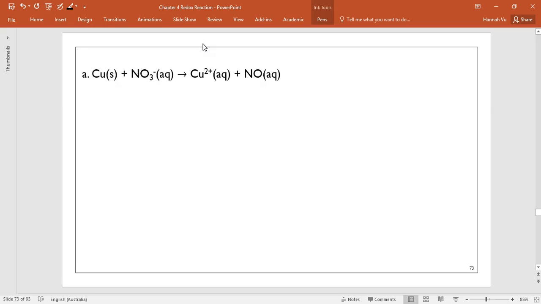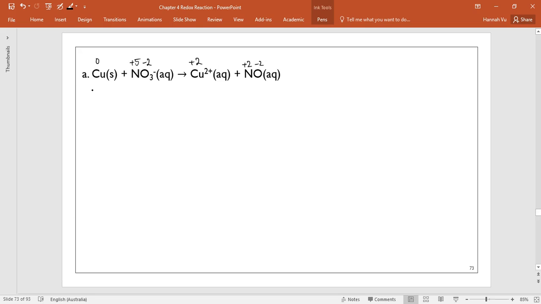So I'm just going to go through part A again. This is identical to question 3A, but I'm just going to do it again from scratch, just in case you haven't done 3A. All right, so we need to have the oxidation numbers. So this is 0, this is -2, +5, this is +2, and -2, +2.